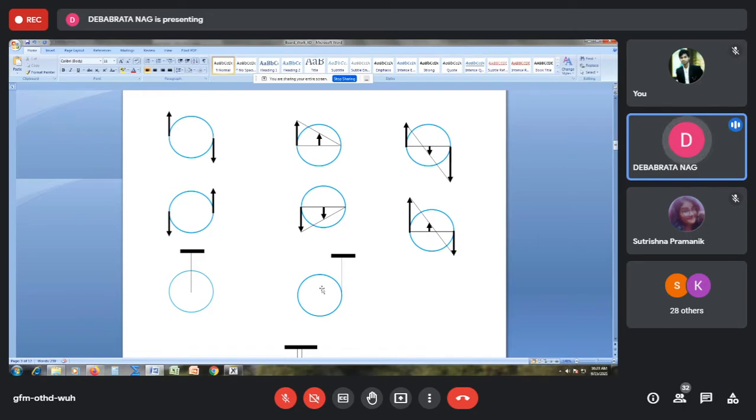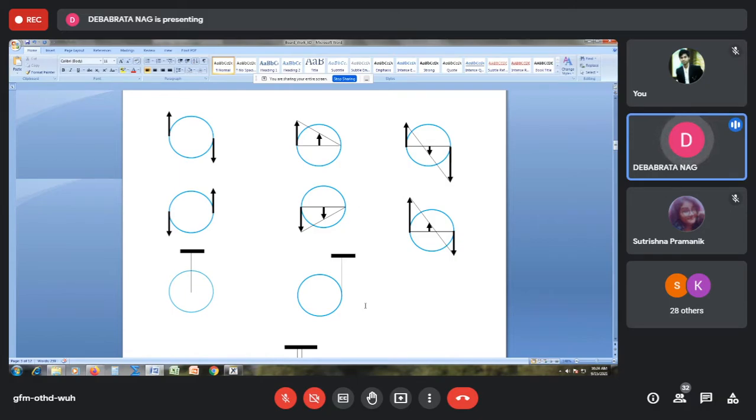So the total motion of this pulley can be considered as rotating with respect to this point and this point, but actually this motion can be thought of as a combination of translation and rotation about the center of mass of the pulley. But we do not have to think of that combination motion. Just locate the instantaneous center of rotation and accordingly draw your vector.